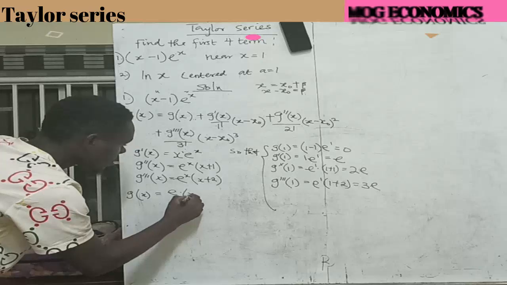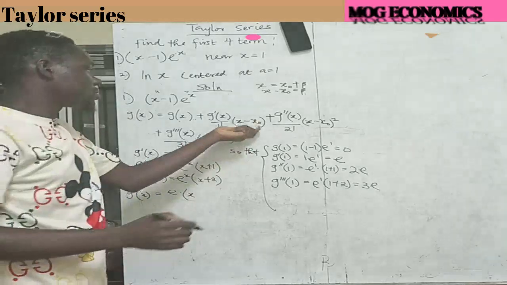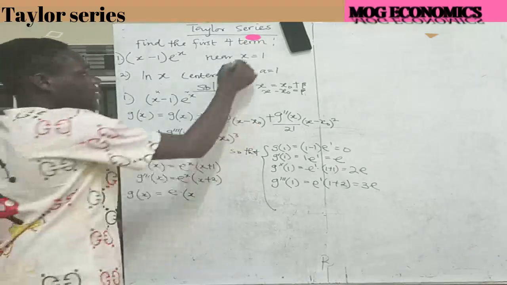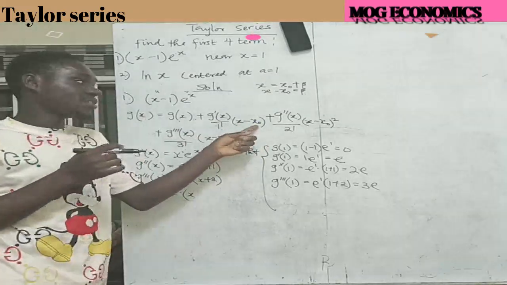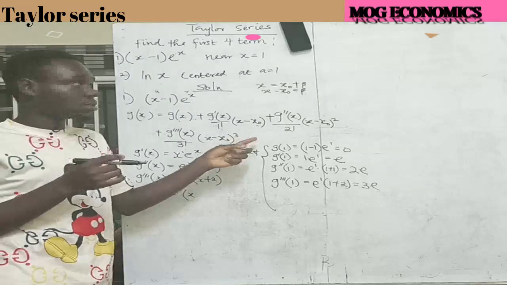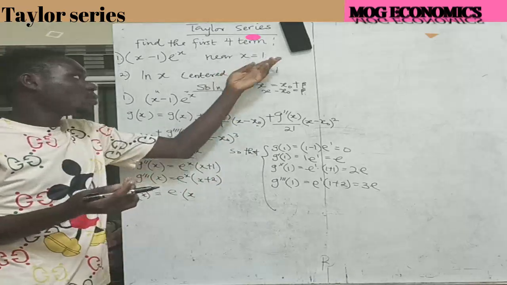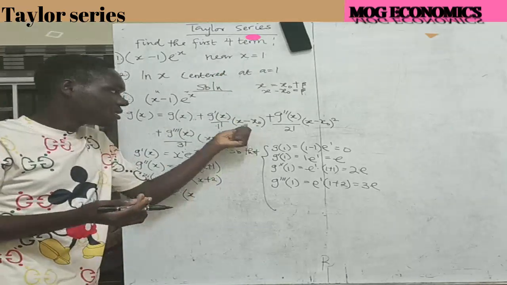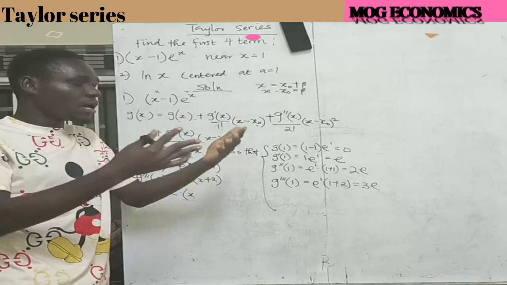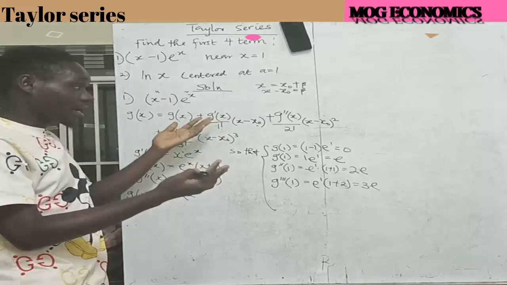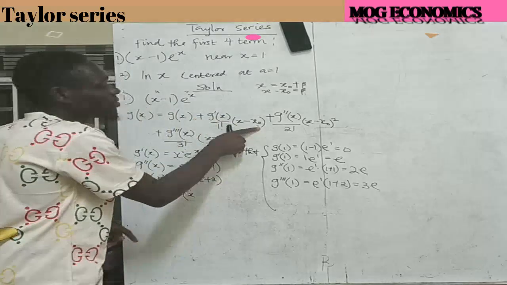Now note this here, this stands for the value we are expanding around or near. So in this case we are expanding near 1. This is the value we wish to expand our function around.